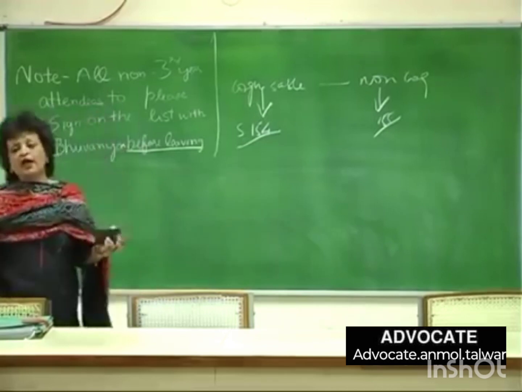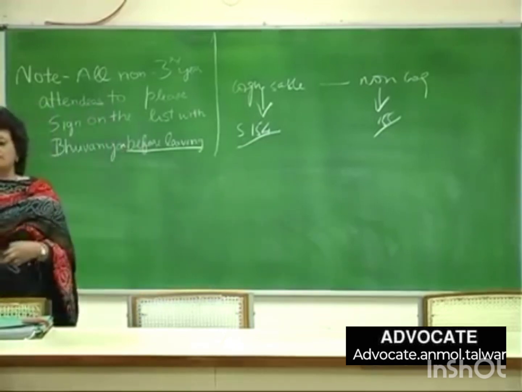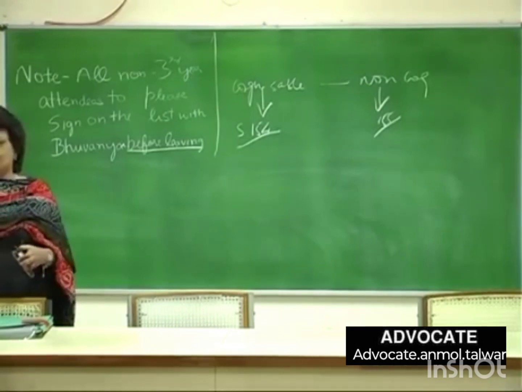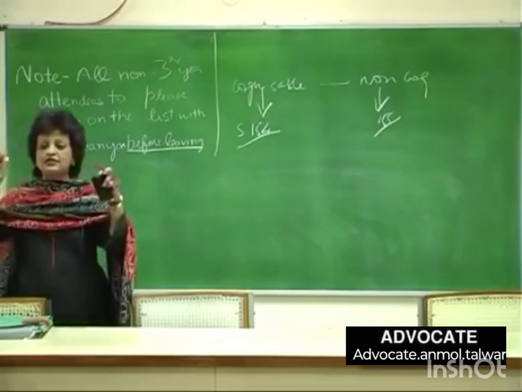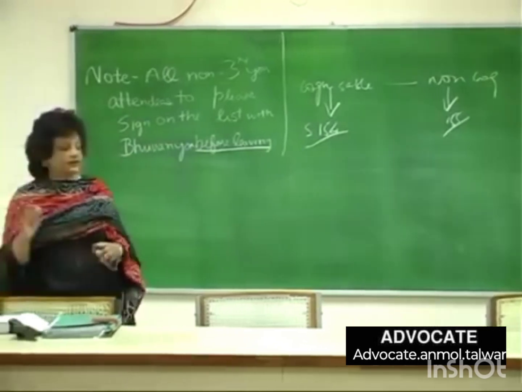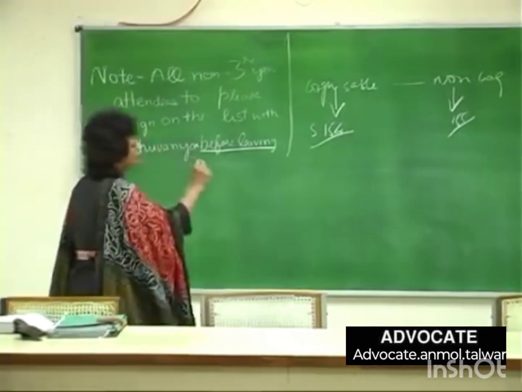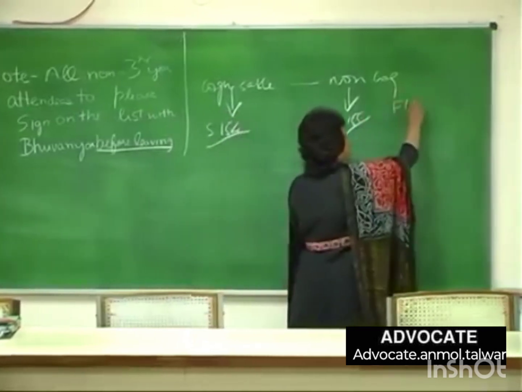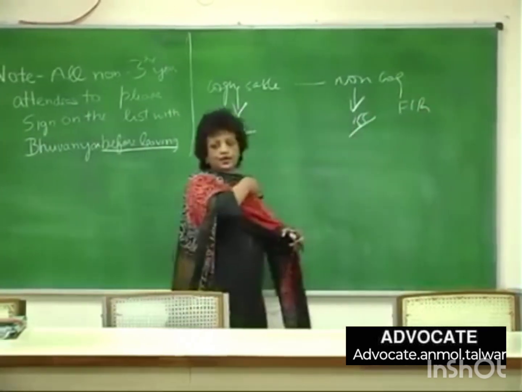So, now where do you find, how do you determine what is cognizable and not cognizable? If you were to look at your criminal manual, the first schedule of the criminal manual will give you a table which will set out cognizable and non-cognizable offenses. Now, in the case of non-cognizable offenses, obviously an FIR cannot immediately be registered.